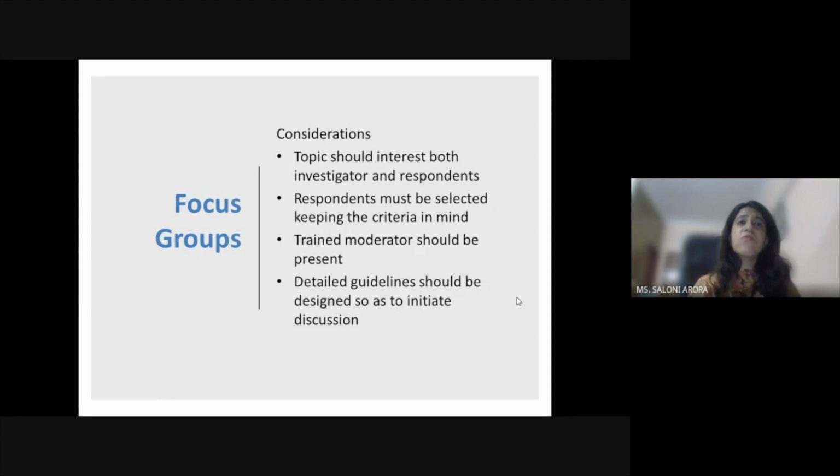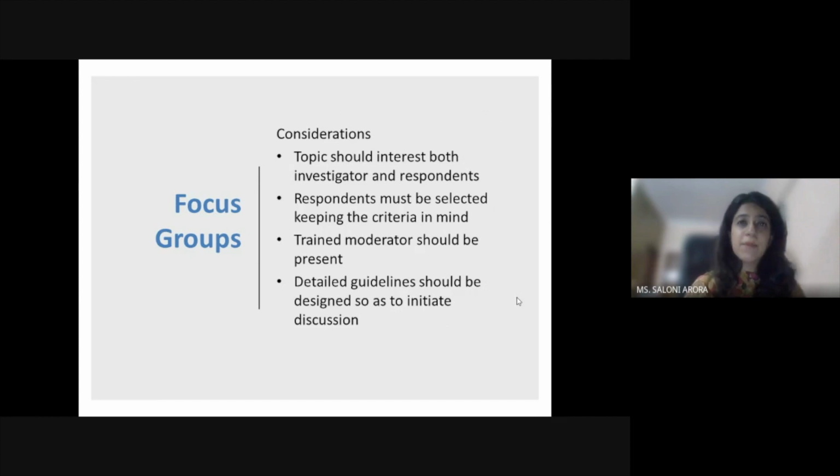But even for a focus group, there have to be certain key considerations that one has to keep in mind. When you're bringing the people together, the topic should be such that it interests both the investigator and the respondents, because a healthy interaction, a healthy discussion is going to come from the point where both investigator and respondents interact.